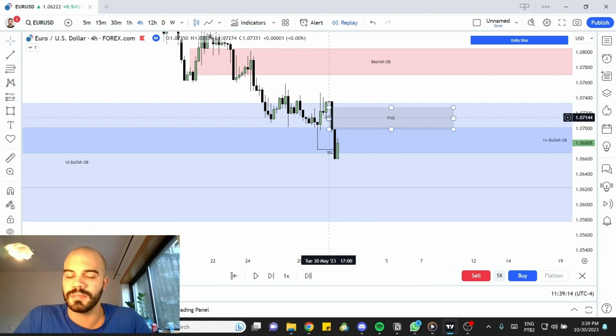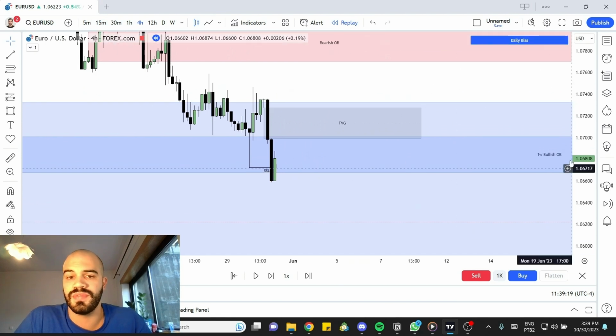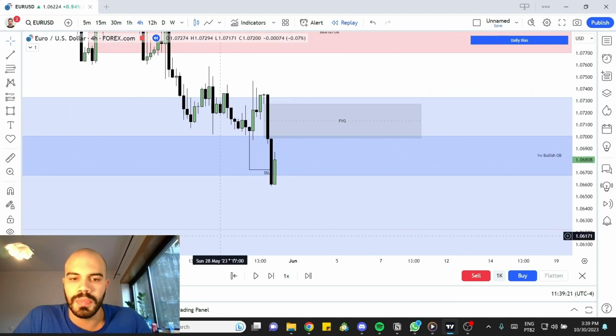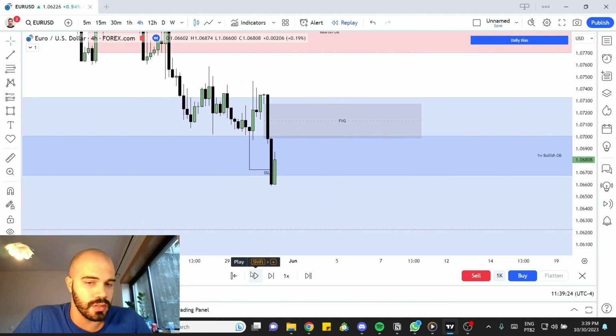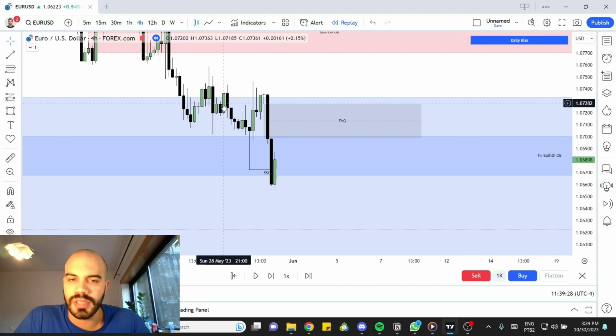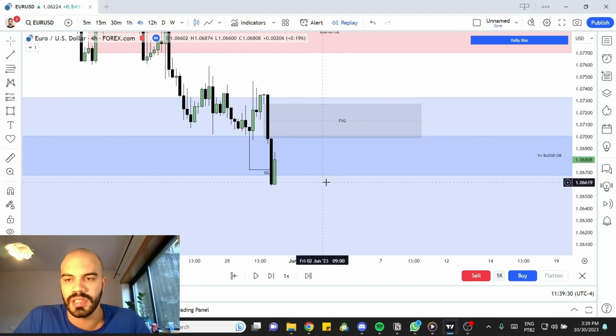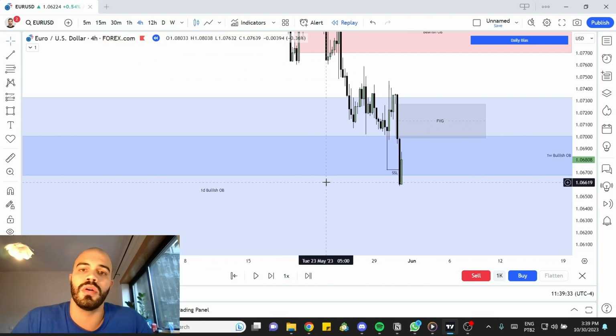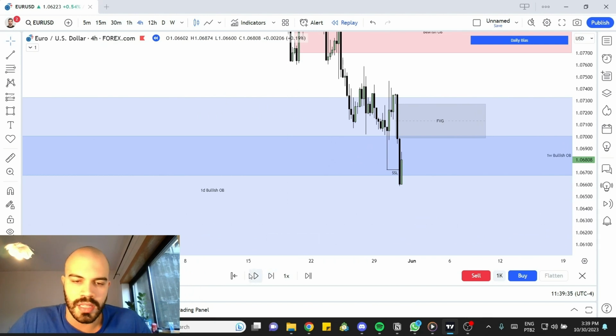Keep that in mind. Continuing in this example, I know that it's very likely that this fair value gap will be pierced through and will not trigger any sell entry right here. Of course, this is not an ideal selling scenario because of the overall higher time frame narrative. Let's take a look.